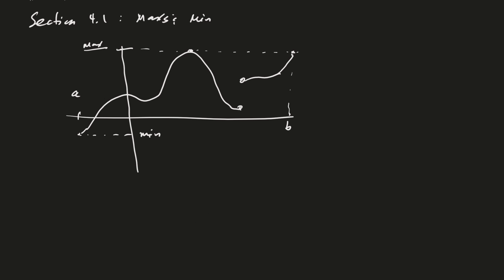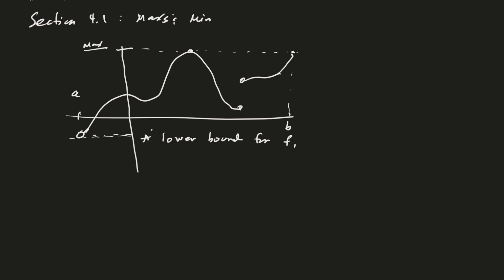Notice, by the way, that if I had made this an open circle here, would the function still have a minimum? Well, there is still what we would call a lower bound for f.